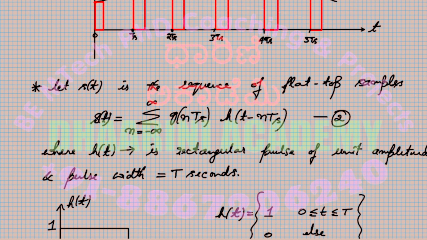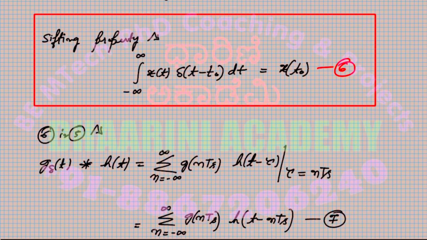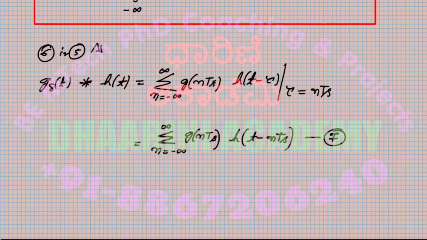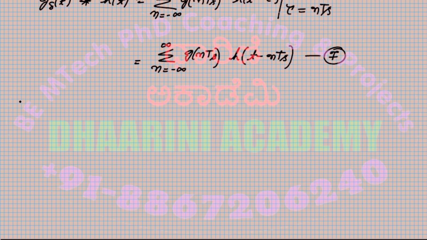You see, it's the same. Equation 2 right hand side is also the same, right? So that means the LHS of equation 2 should be equal to the LHS of equation number 7, correct? Both are the same. So this implies equation 2 is equal to equation number 7.